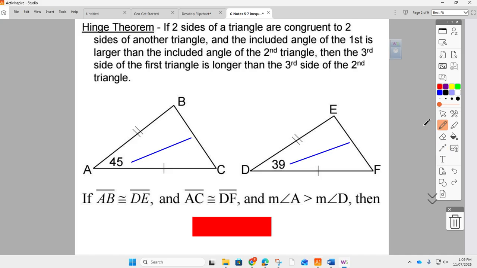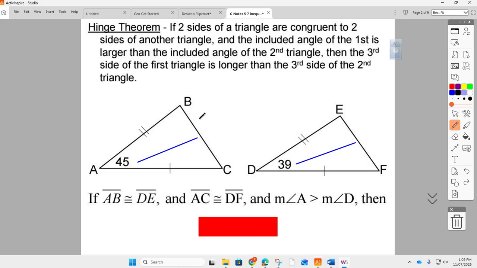If BC is across from a bigger angle than EF, we don't know what BC measures, but we know the measure of BC has to be longer than the measure of EF. Makes sense if you think about it. That triangle is going to be open farther, right? The lengths are the same, but those two segments are open farther, so they need a longer third side to connect them.